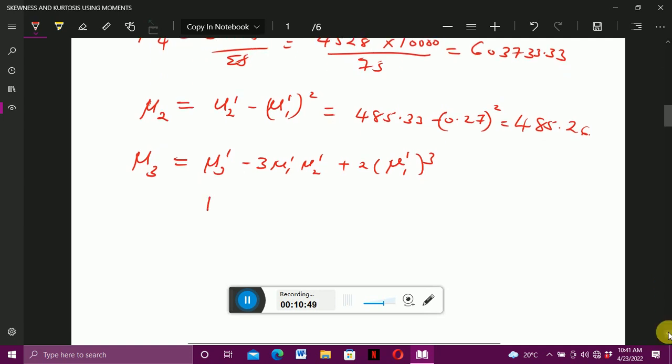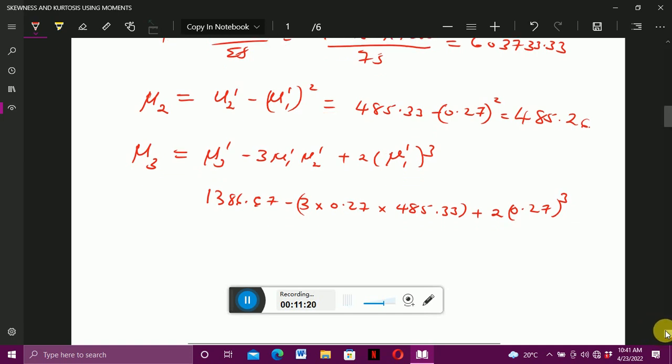We have 1366.67 minus 3 times 0.27 times 485.33, and then we are adding 2 times 0.27, and that is cubed.